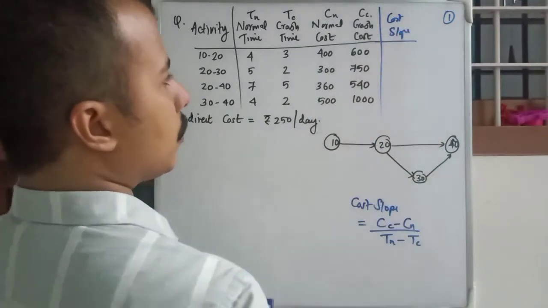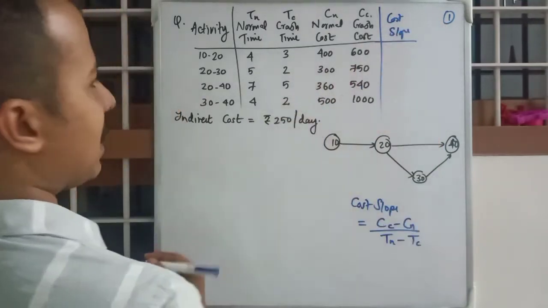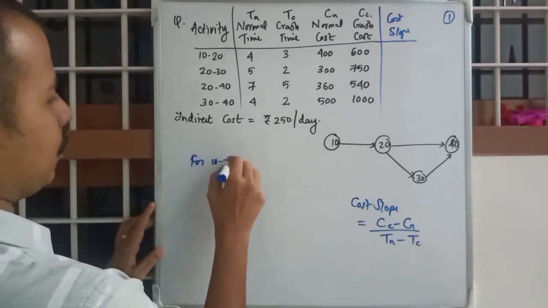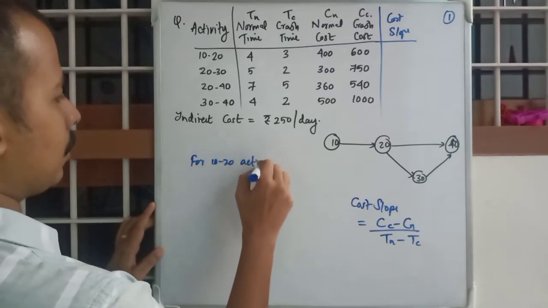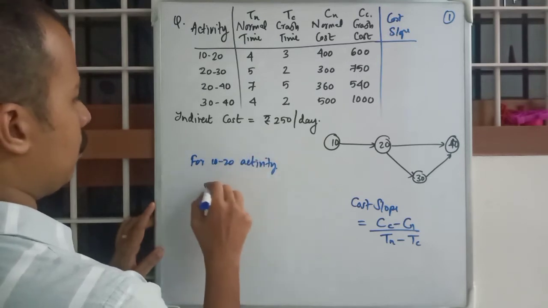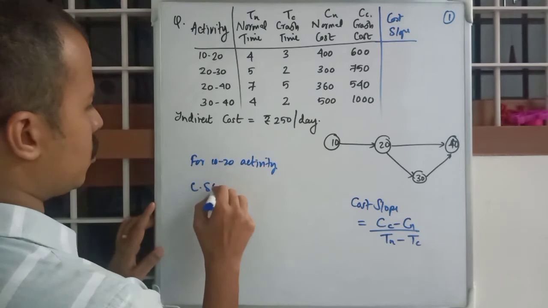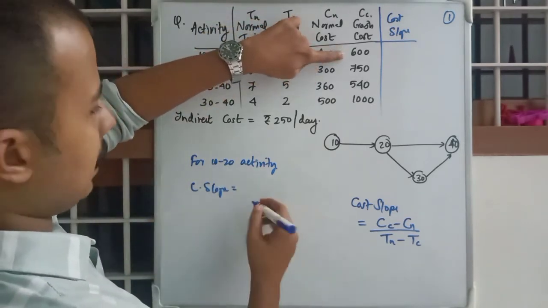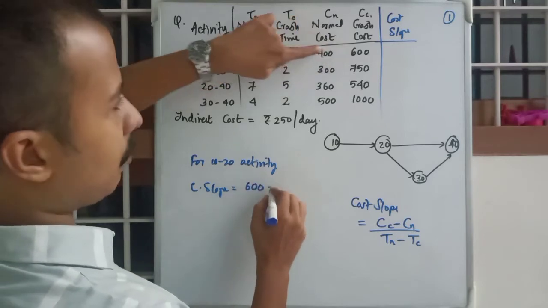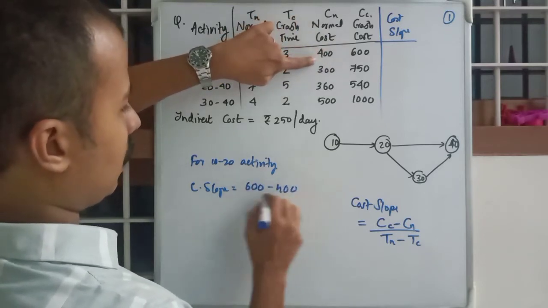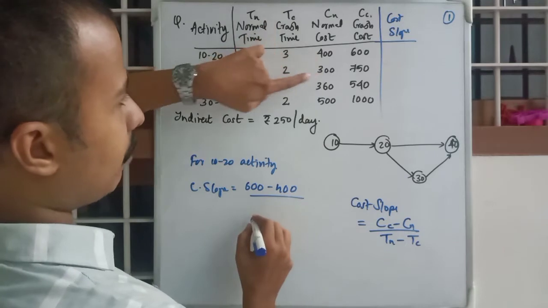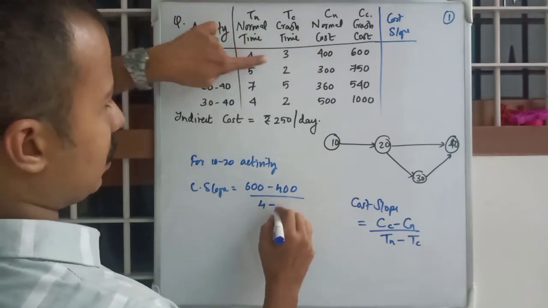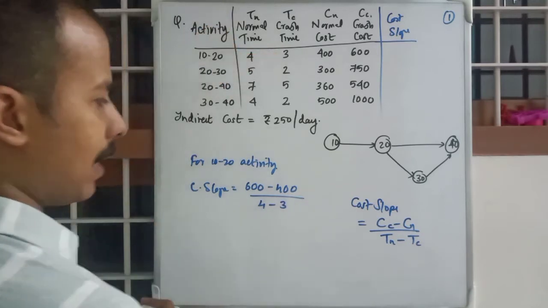Cost slope. So for the first one, for the 10-20 activity, cost slope is equal to CC, that is 600 minus 400, divided by normal duration minus crash duration.